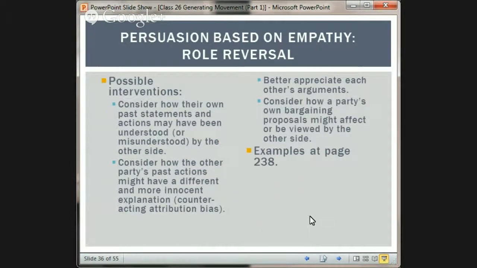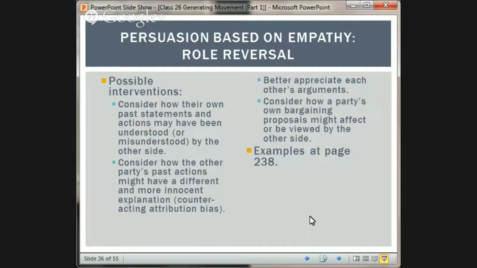So when you're doing role reversal, there are several possible interventions. So you first might ask the party to consider how their own past statements and actions may have been understood or misunderstood by the other side. You could ask them to consider how the other party's past actions might have a different or more innocent explanation. So here we're counteracting the attribution bias.